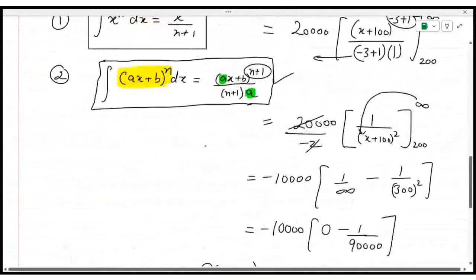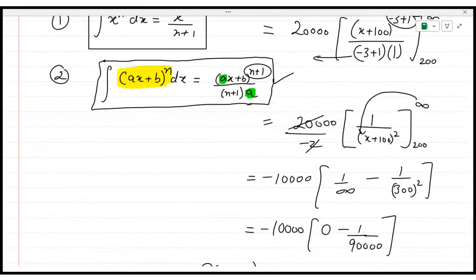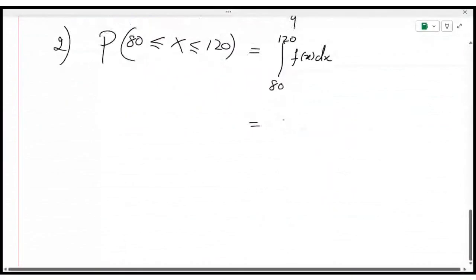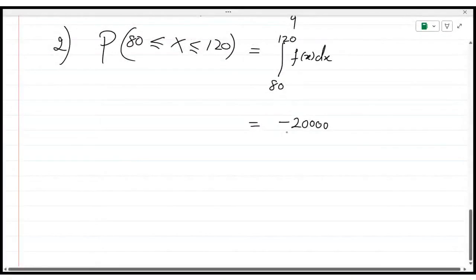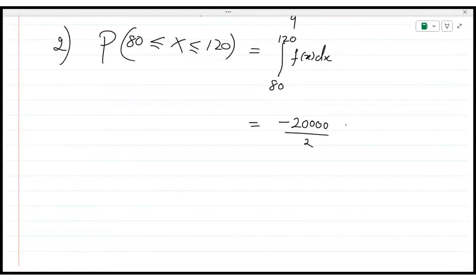That was 20,000 divided by minus 2 into 1 upon (x plus 100) raised to power 2. So directly I am writing from there, minus 20,000 divided by 2. It was 20,000 divided by minus 2, I have written minus outside. 1 upon (x plus 100) whole power 2. And earlier limits were 200 to infinity. Now limits are 80 to 120.